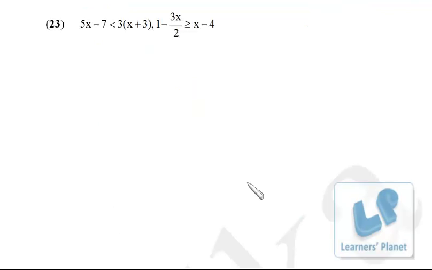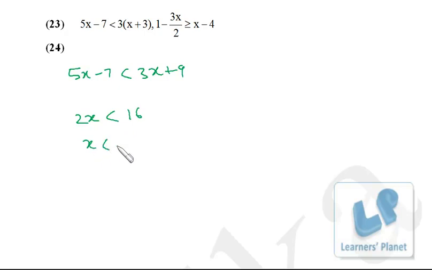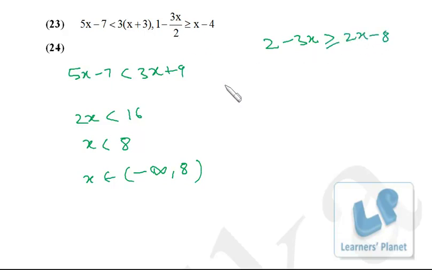Now let's try this. Here it is 5x minus 7 is less than 3x plus 9. So 2x is less than 16, x is less than 8, x belongs to minus infinity to 8. Here take LCM. 2 minus 3x is greater than or equal to 2x minus 8. Initially you take LCM, then you just go for the cross multiplication because there is no variable in the denominator, so it doesn't matter if you cross multiply.